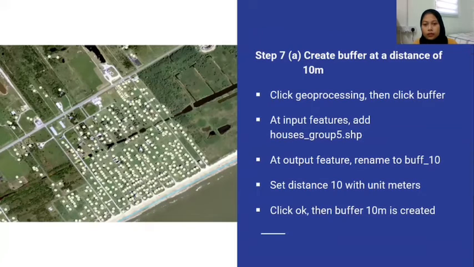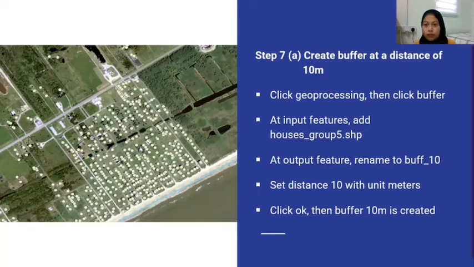Okay, for step 7, we need to find the percent cover for each land use land cover, in short LULC, type that falls within a distance of 10 meters from each house. First and foremost, we create a buffer at a distance of 10 meters by clicking geoprocessing and then buffer.